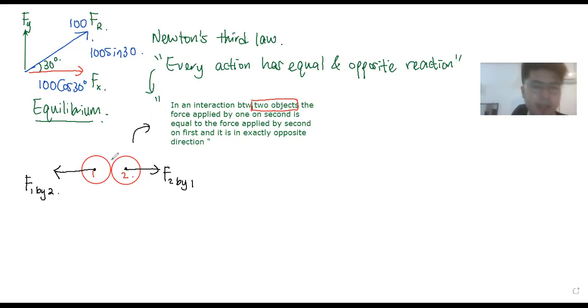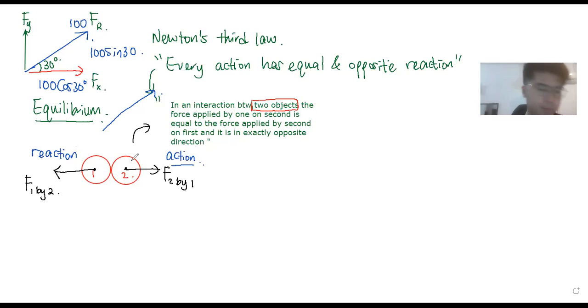These two forces are equal and in opposite directions. That's what we call action and reaction. Which one is the action? Which one is applying the force first? Ball number 1 is applying the force, so this is the action. And by the rule of nature, the object reacts by producing a reaction. This is the meaning of this: every action has equal and opposite reaction.